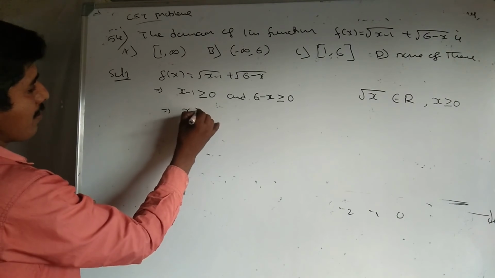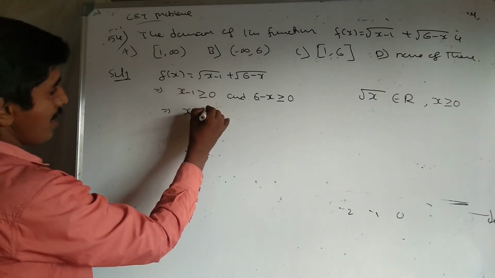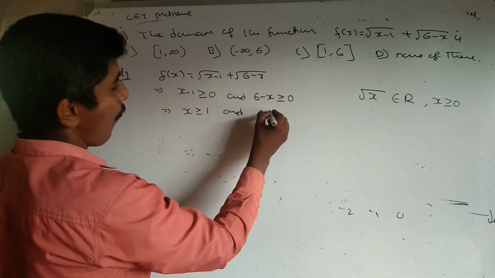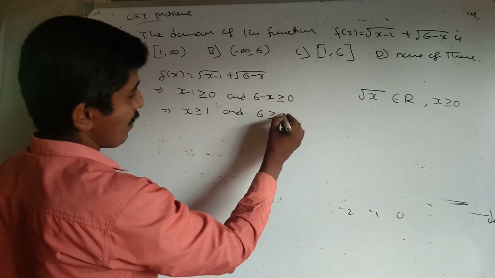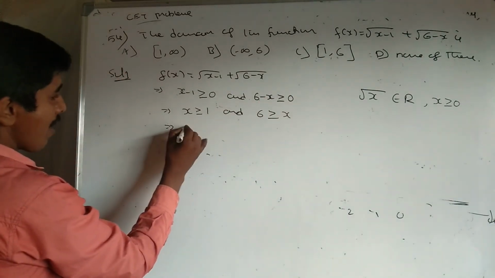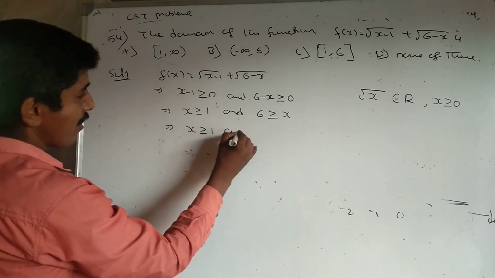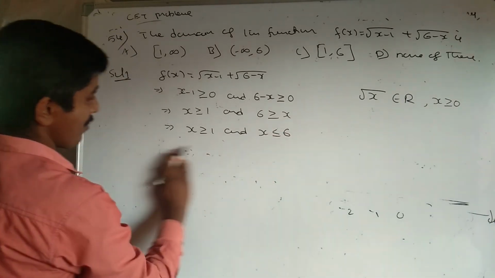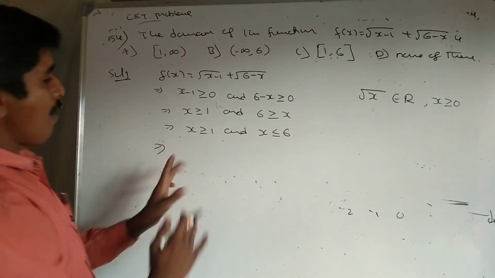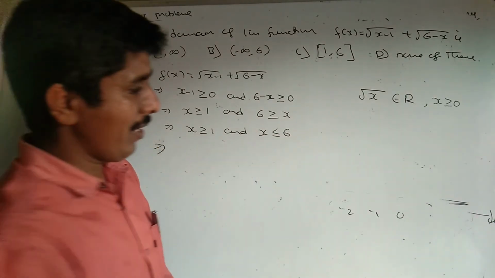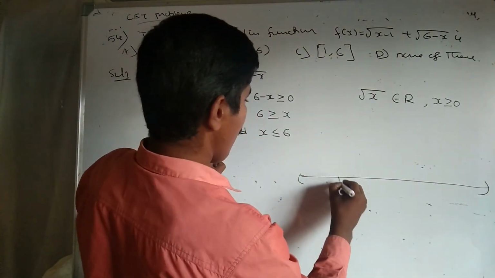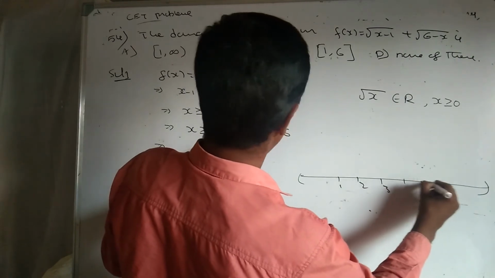Here x is greater than or equal to 1, shifting minus 1 to the right side as plus 1, and for 6 minus x, shifting minus x to the right side, we get x less than or equal to 6. Then what is the common solution satisfying these two inequalities? Here 1, 2, 3 up to 6.